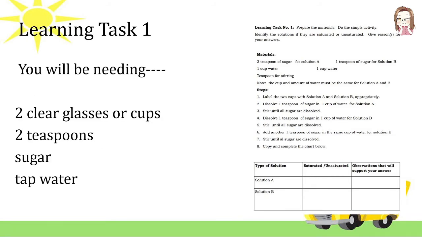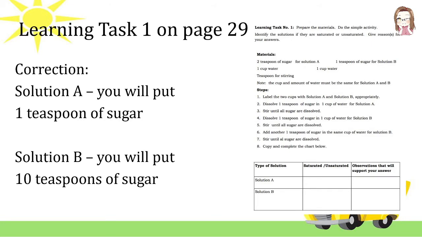So for learning task 1, you will be needing 2 clear glasses or cups, 2 teaspoons, sugar, and tap water. Correction lang, no? For solution A, of course, you will follow the steps muna, no? Then for solution A, you will put 1 teaspoon of sugar. While in solution B, you will put 10 teaspoons of sugar.